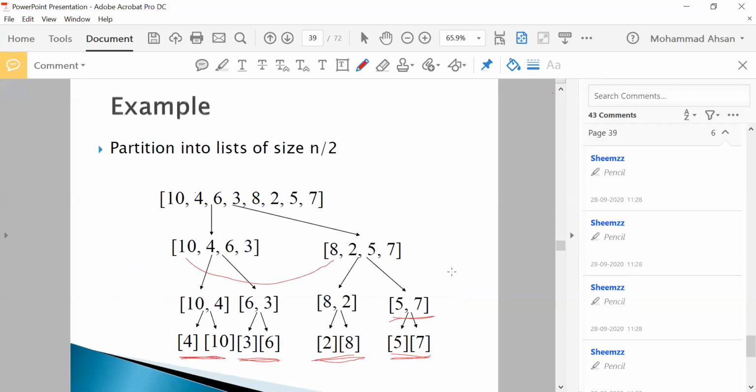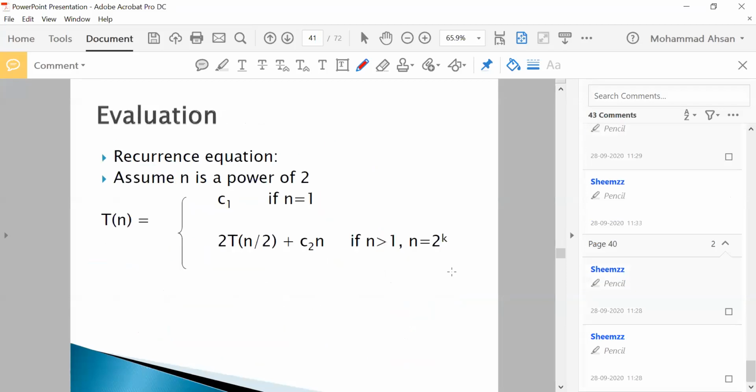So merge sort is very clear. There's no discrepancy in the sense we always get half partitions. For even, obviously, we'll get very good partitions, an exactly balanced tree. For odd, it'll be a little off. It won't be a perfectly balanced tree, but then it won't affect the runtime as much.